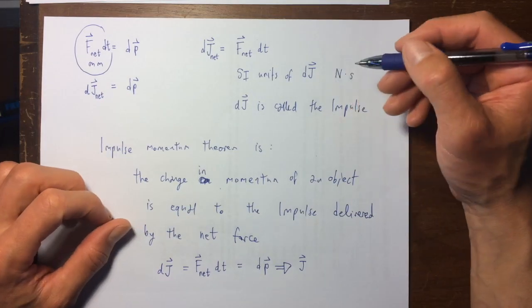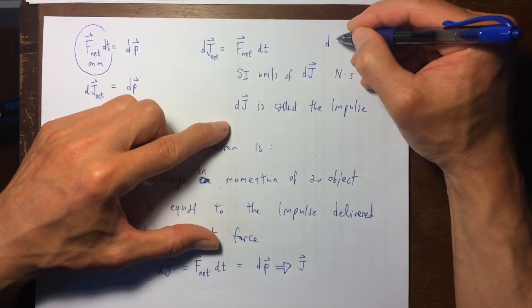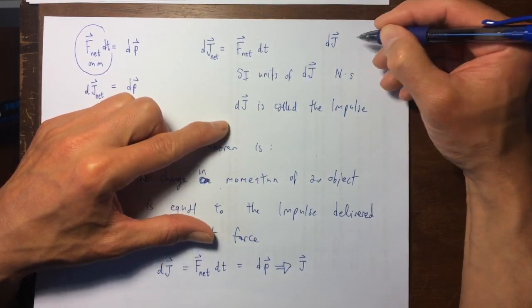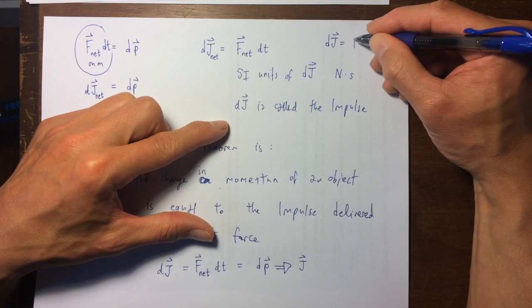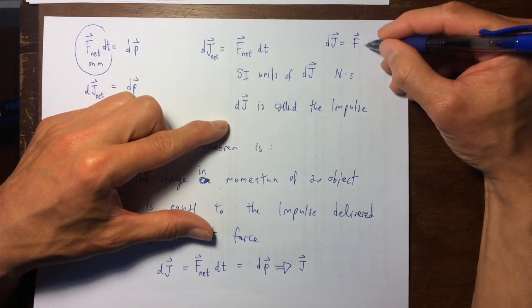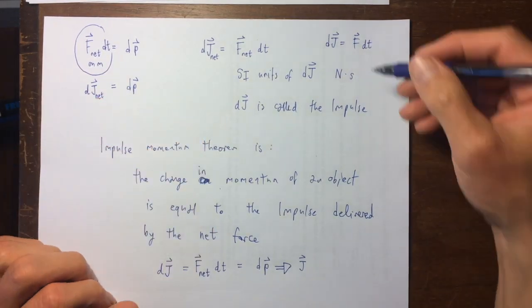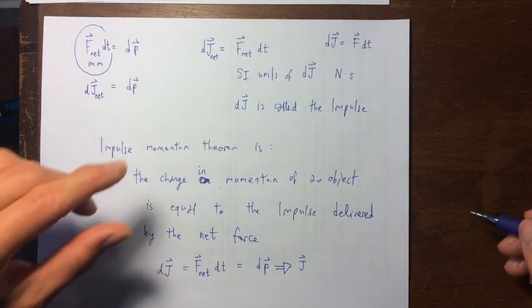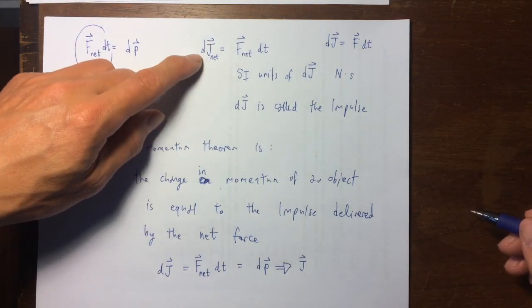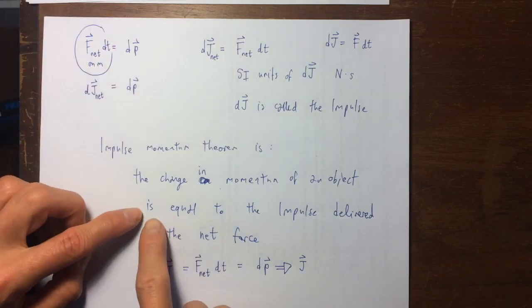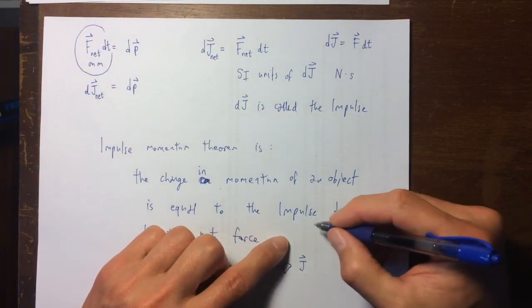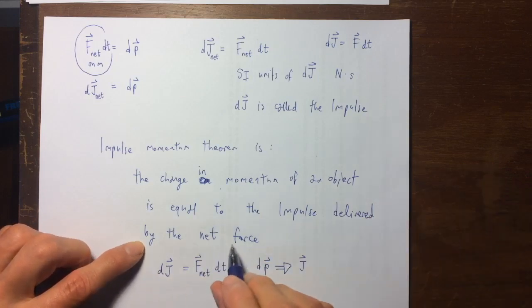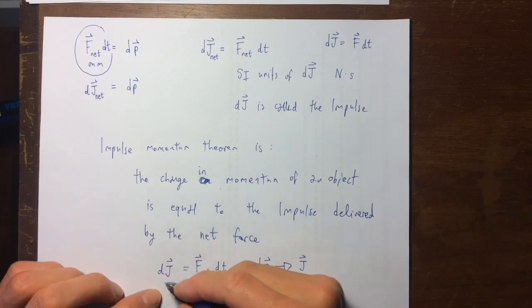Although you can define the impulse of any particular force, it's just equal to the value of that force times the small time over which whatever force it is acts. But if you want to talk about change in momentum, then it's equal to the impulse delivered by the net force in particular.